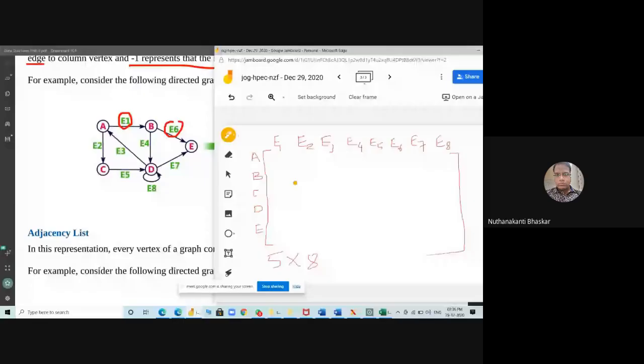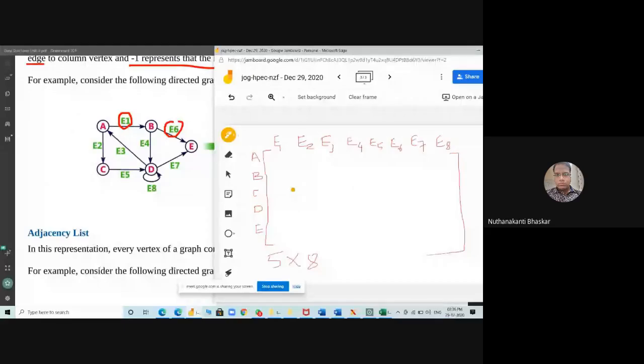Understand? Yes, sir. Now we need to find the edges incidence.